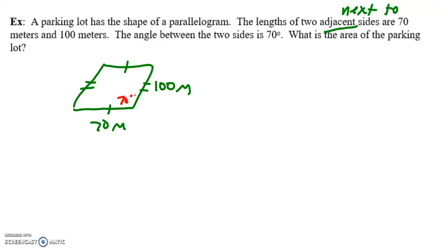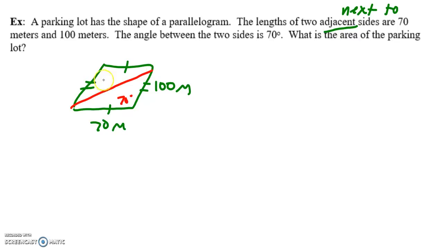Okay, so first, if I were to do this area problem using the law of cosines, because this video really has to do with the law of cosines, what I'd have to do is first draw a triangle. Then the law of cosines needs an angle directly across from a side.